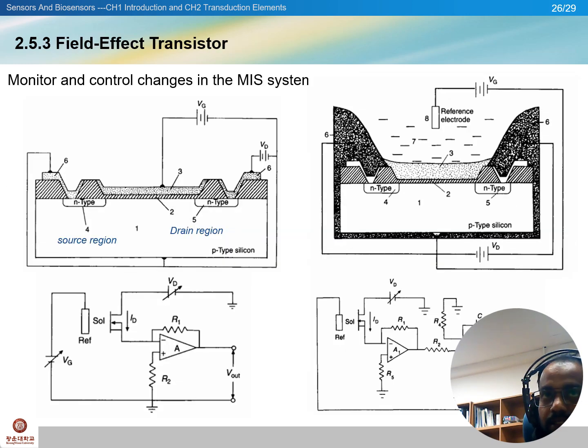Field effect transistor effect: monitor and control changes in MIS. Here you can see the N types. In the first figure we can see the p-type silicon, and we also see the voltammetry as well, and there are schematic diagrams on the downside.